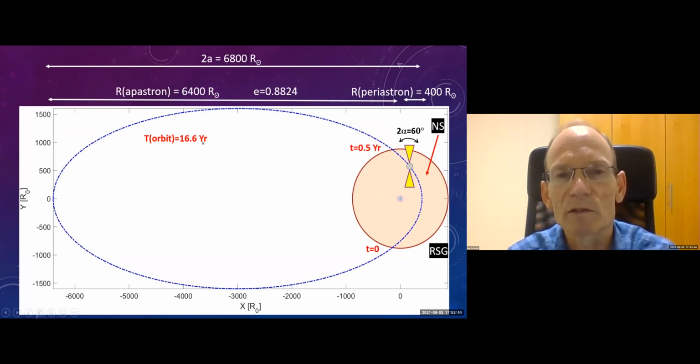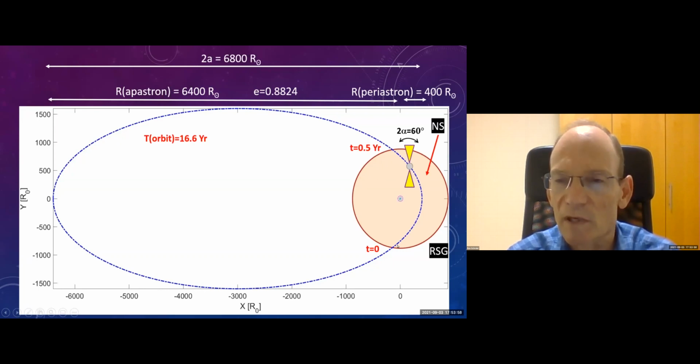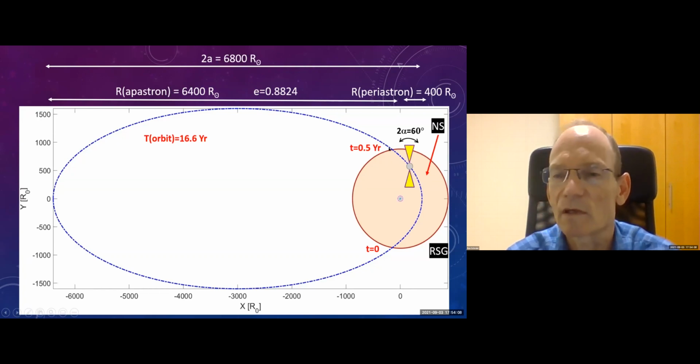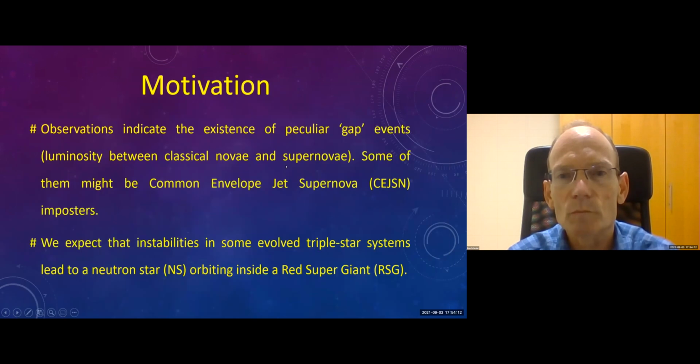The orbital period is almost 17 years, of which only half a year it travels through the envelope. Once the neutron star enters the envelope, it accretes mass and starts to emit two conical jets at opposite sides. And when it leaves the envelope, it stops emitting the jets.